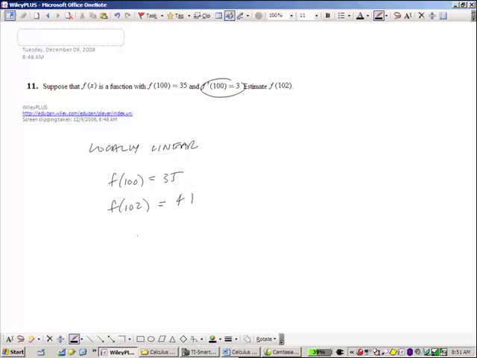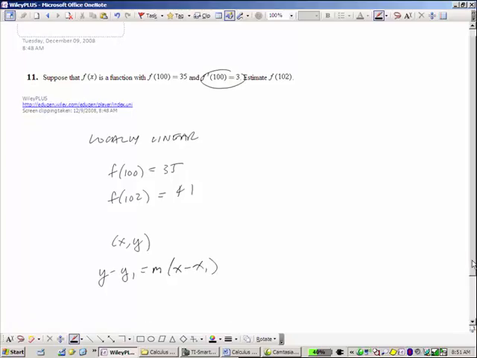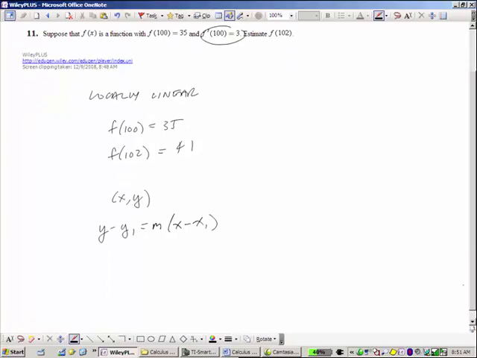If we have a point, I want to get to the point where I can say a comma f of a. You want me to start with x comma y first? Yeah, here, I'll do that. All right, so if we have a point x comma y, do you agree that y minus y1 equals m times x minus x1 is the equation of a line that contains that point? I guess I should actually call that x1 and y1.